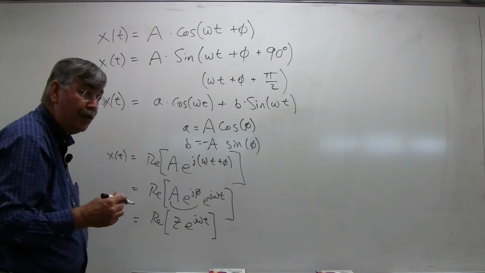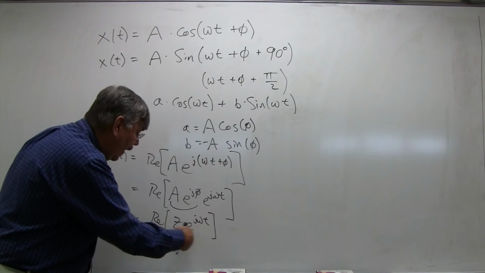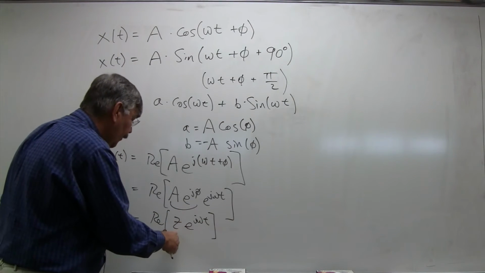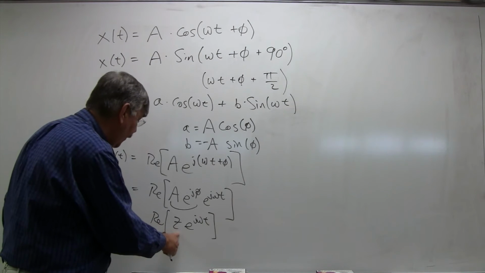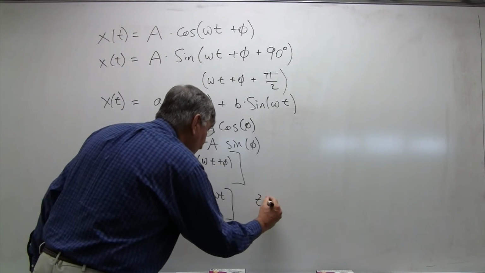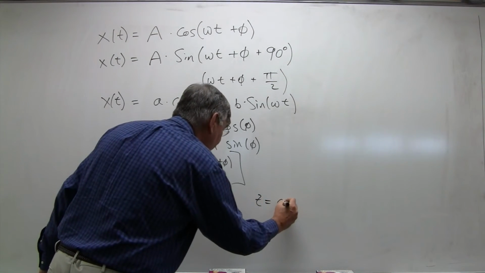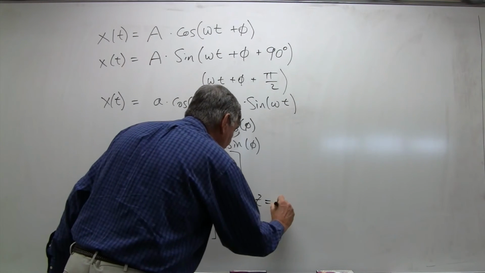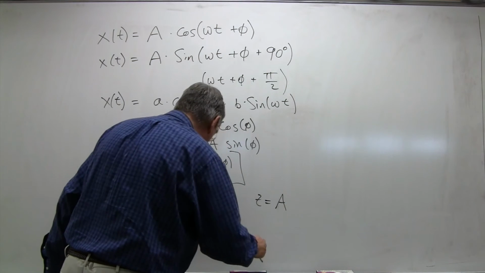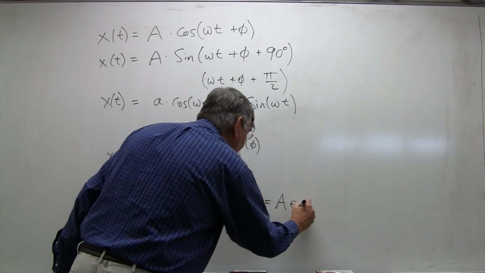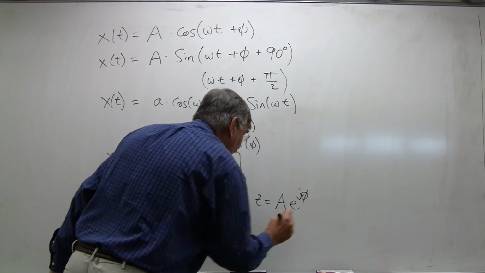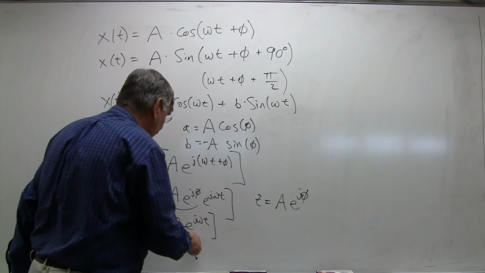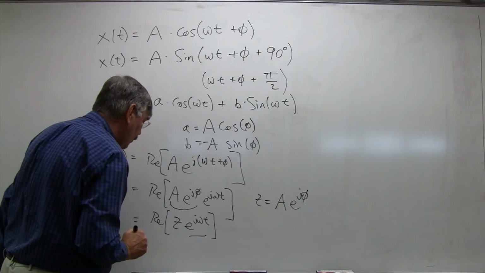And in some of your classes, you probably learned about phasors, and this is part of the phasor. As long as we know what the frequency is, we can just focus on all the real information about this, which is z, where, of course, z is just A e to the j phi, which has a magnitude part, a real number, times a phase shift. All right? And so this entire number then can be done by this separate way of doing things.